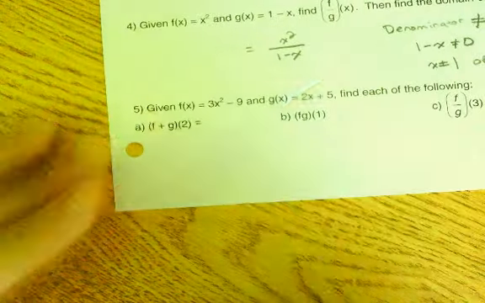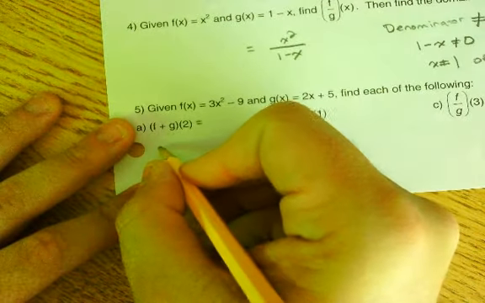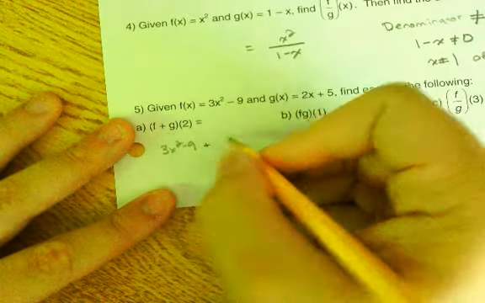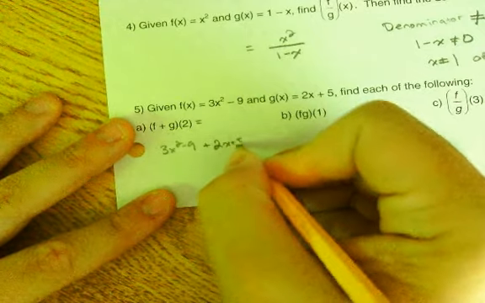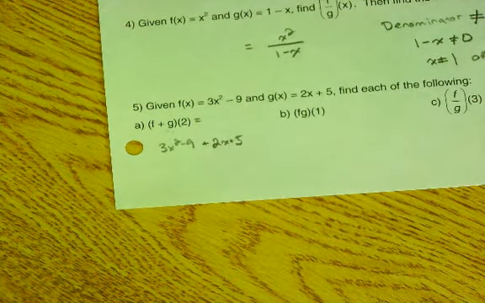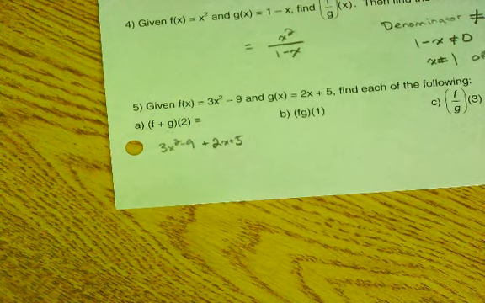So we're going to do 3x squared minus 9 plus 2x plus 5. Why did I not put these in parentheses? Because I'm adding them, I don't need to. You can if you want, but I don't do that.